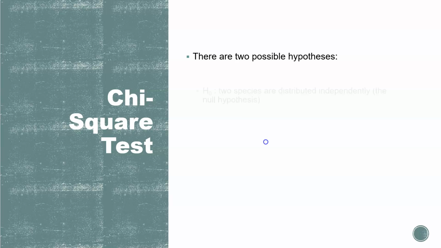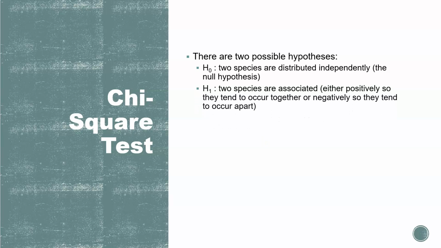All right, so you can have two possible hypotheses. First being the null hypothesis: two species are distributed independently. They have no relationship between the two. Or we've got two species that are associated, either positively, so they tend to occur together, or negatively, so they tend to occur apart.